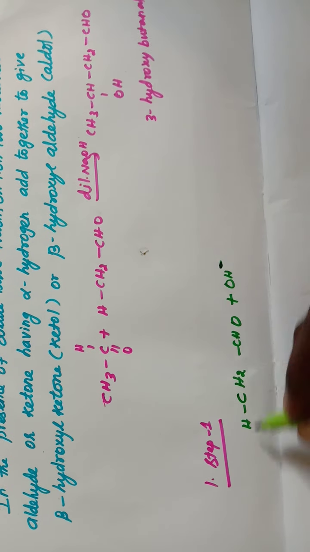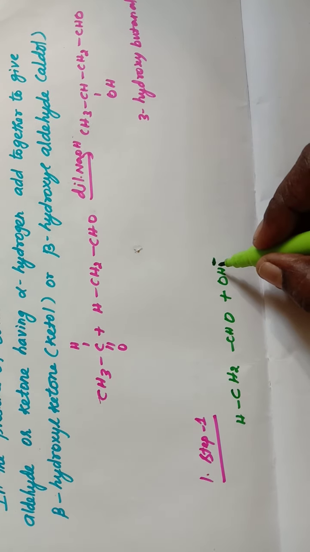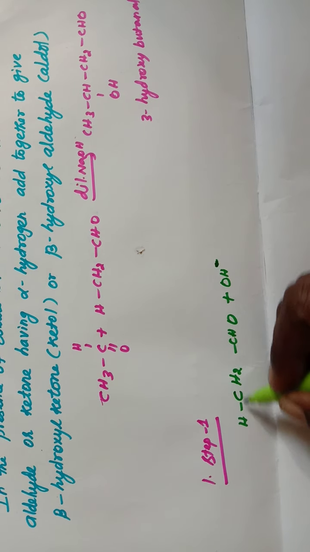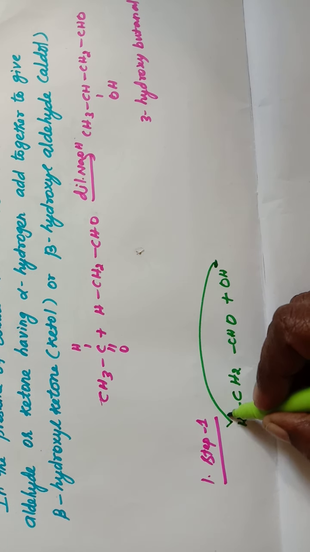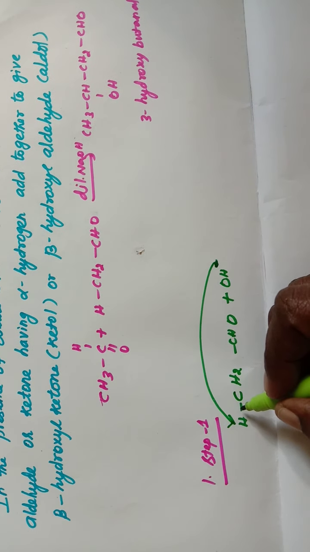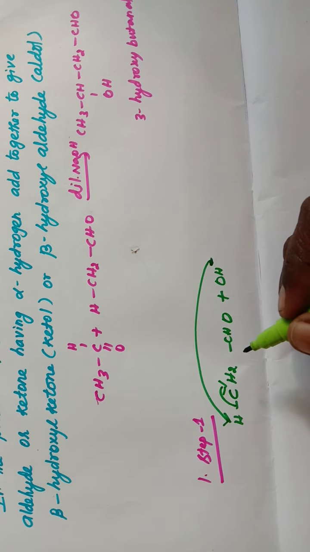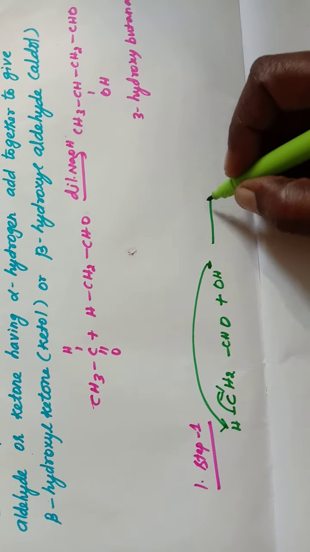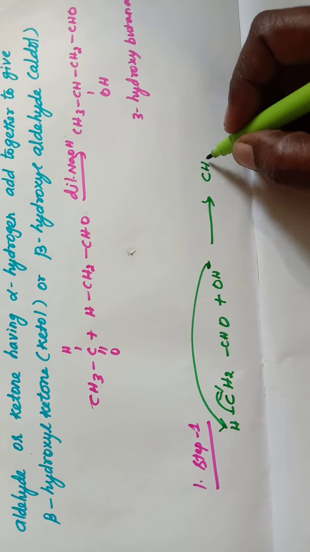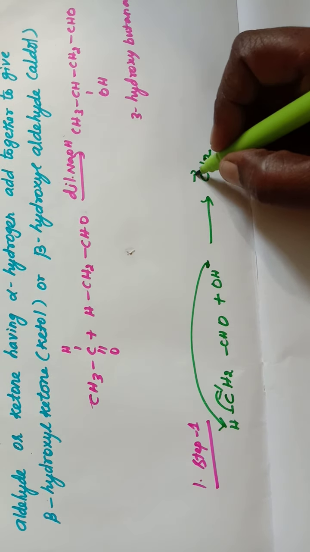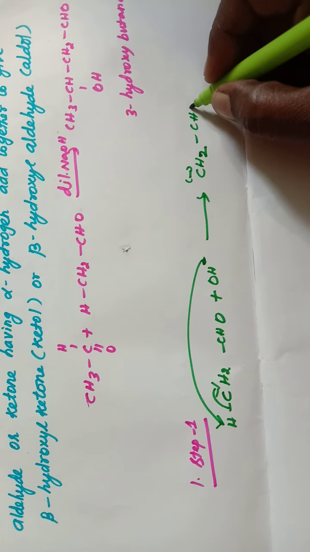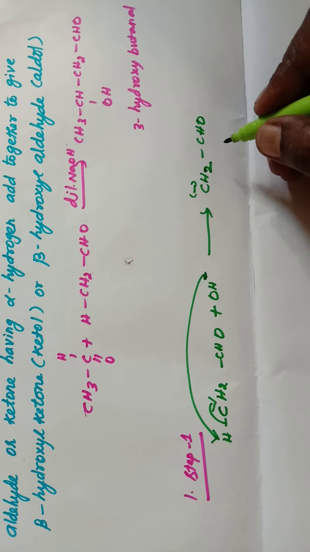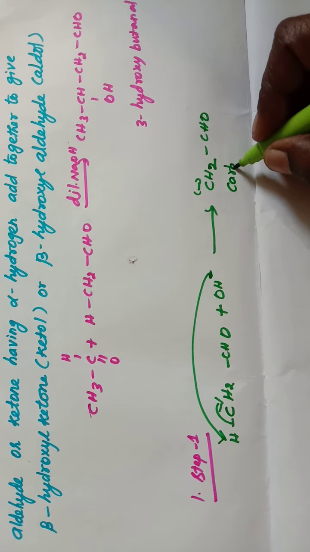This negative charge attracts this proton, so a proton is removed from the aldehyde, and we get CH2 CHO. That is, a carbanion is formed. This is a carbanion.